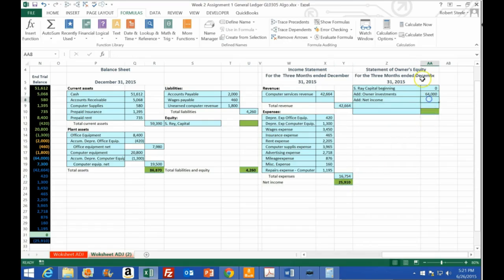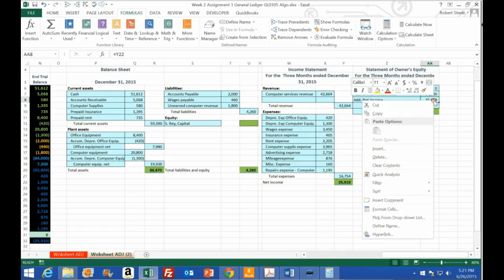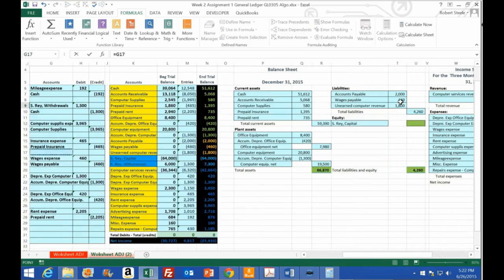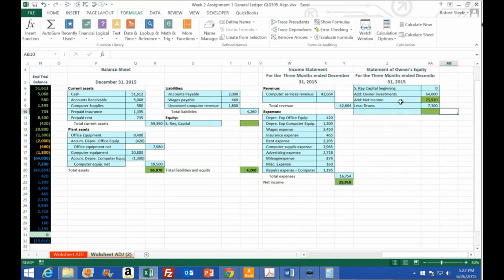So I'm going to say that this equals this number. And I'm actually going to make this green. The green cells are showing the relationship between the statements. All right. And then we're going to say less draws. And I'm going to say that equals the last one that we haven't found a home for, being draws. So now we found a home for all of our accounts.